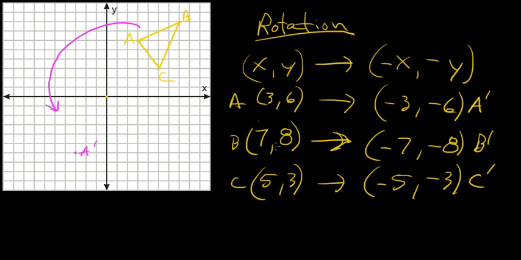And then we have negative 7, negative 8, that is B prime. And then negative 5, negative 3. That point right there is C prime. And when I connect those dots, I have the exact same triangle.